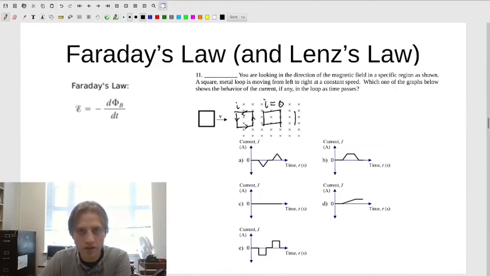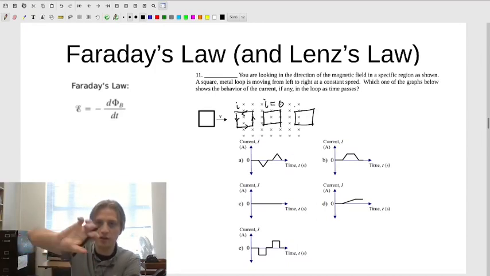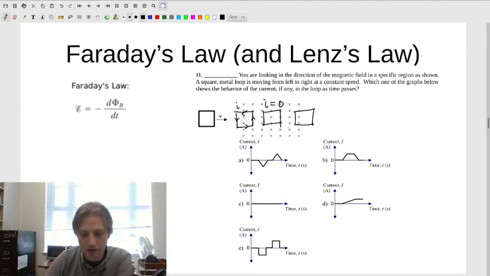And then once the wire loop is leaving, it tries again to maintain the status quo, which is a magnetic field into the loop. To maintain the magnetic flux through its middle, it would have Faraday induction that's causing a current in the other direction.